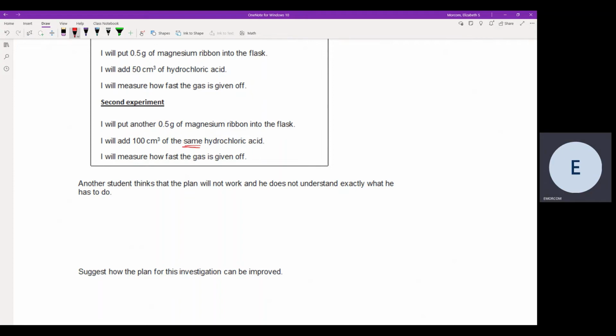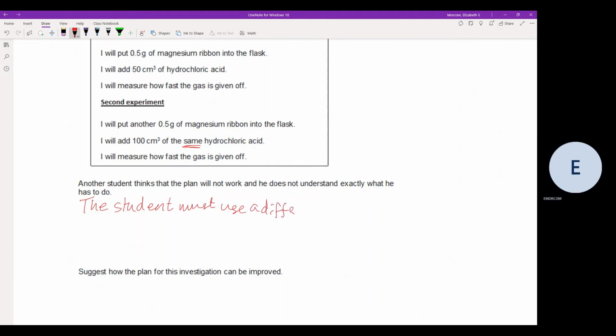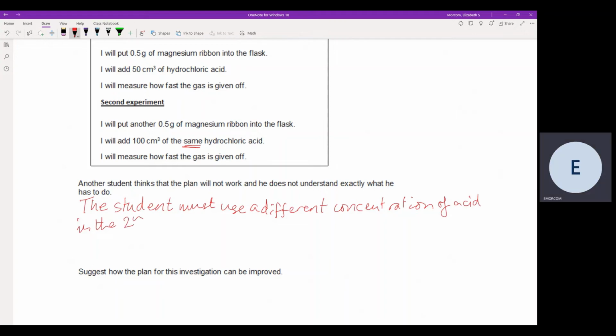So we need to change the student must use a different concentration of acid in the second experiment, which I'm abbreviating to EXPT.